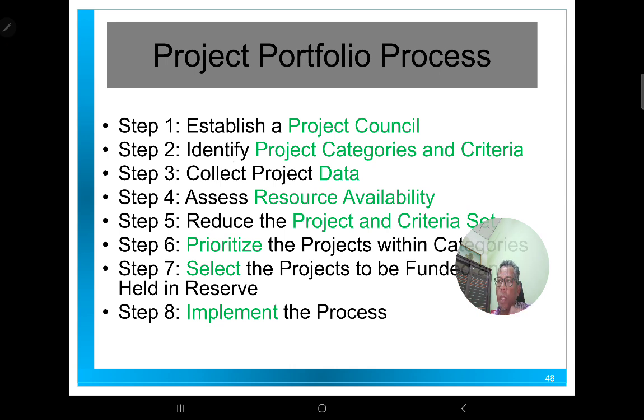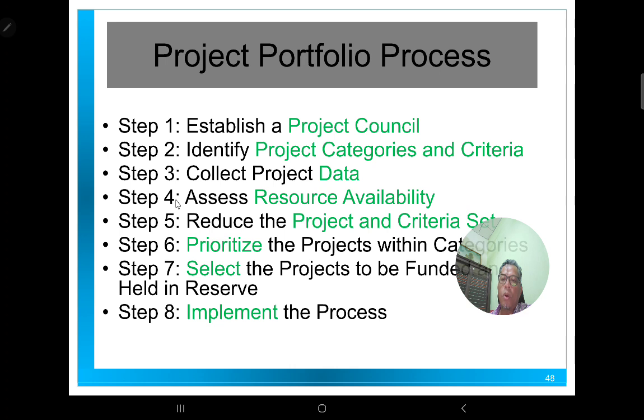This is where they make some of the decisions. Step number two involves identifying project categories and criteria. Step number three, collect project data, whatever project data can be used to monitor or to identify any problems or issues regarding project implementation.